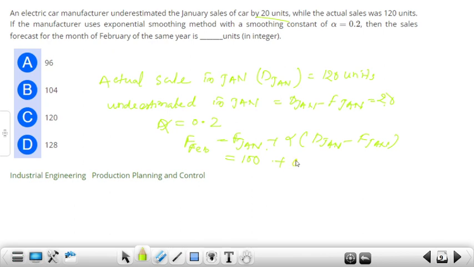So alpha is 0.2, the actual sale in January is 120, and the forecast in January is 100. So it is 100 plus 0.2 into 20, which is 100 plus 4, equal to 104 units. Option B is the correct answer.